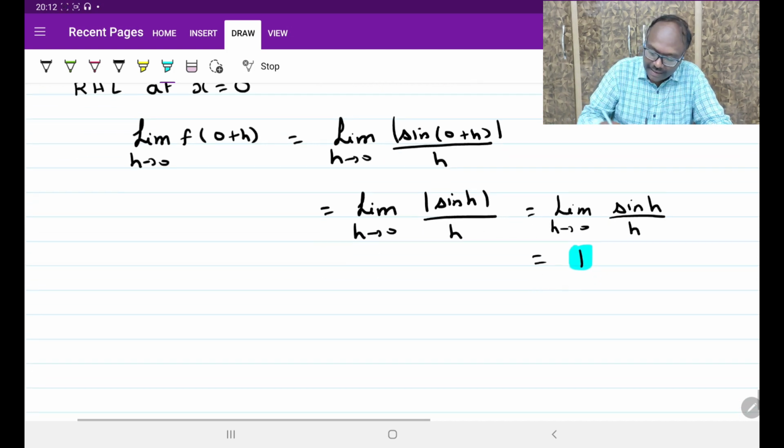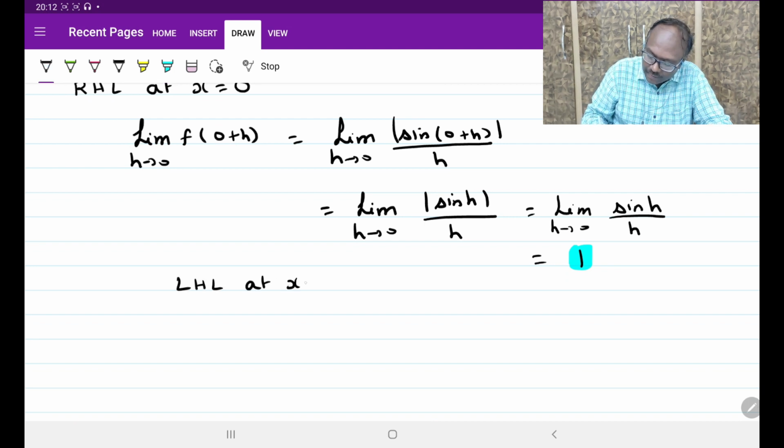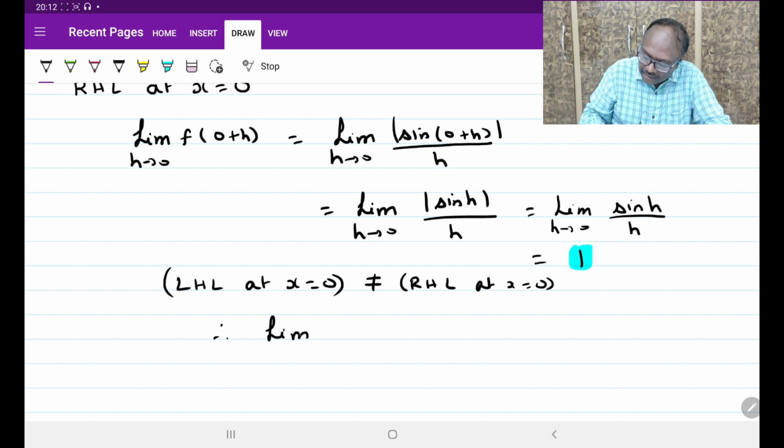So LHL at x equal to 0 is not equal to RHL at x equal to 0. Therefore limit x tends to 0 f of x does not exist.